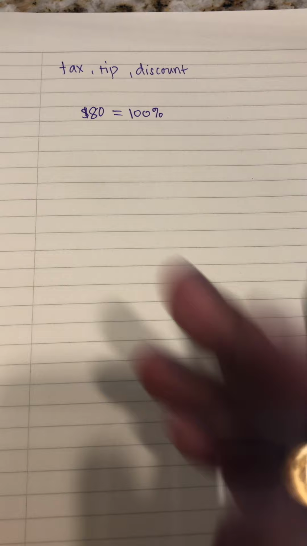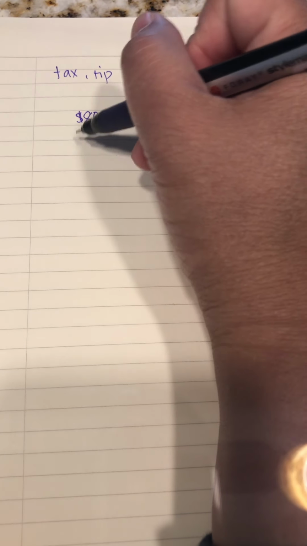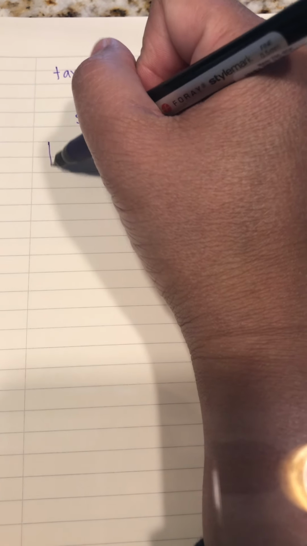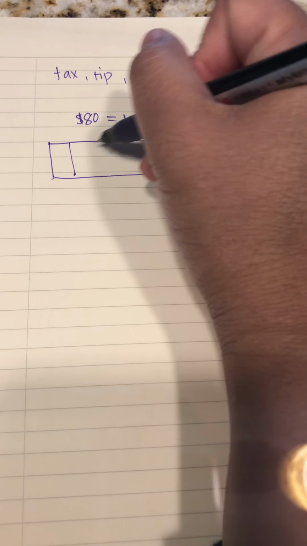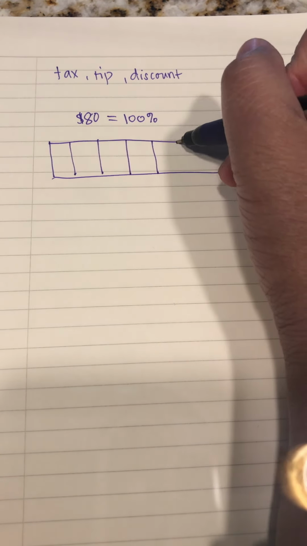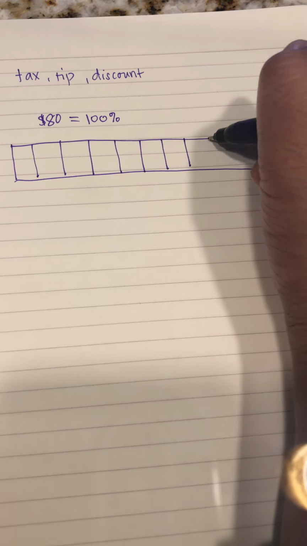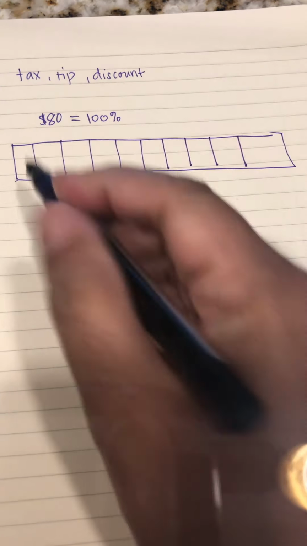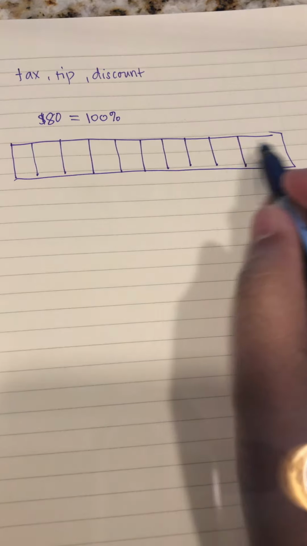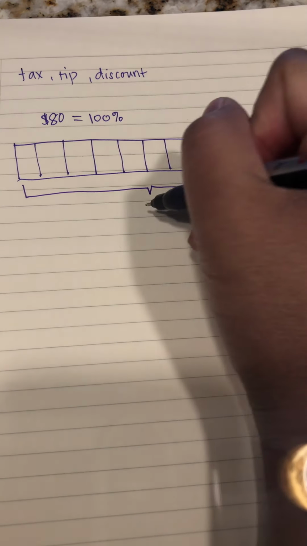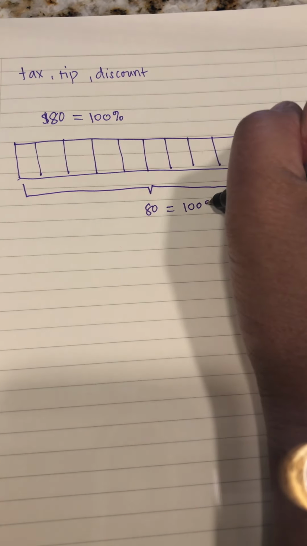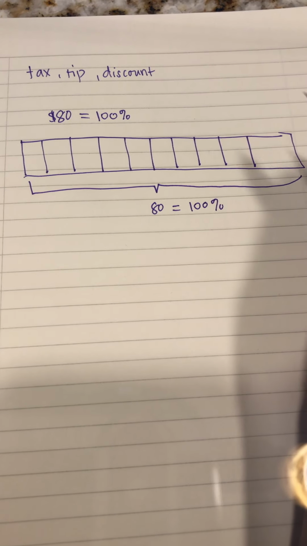Okay, so what I'm going to do is cut the 80 into 10 parts. 1, 2, 3, 4, 5, 6, 7, 8, 9, 10. If I divide my 80 into 10 parts, so the total here is 80, and that's my 100%, I'm going to cut this into 10 parts.